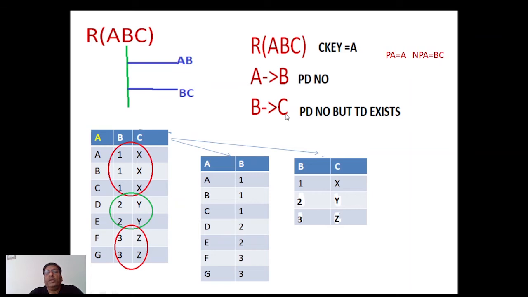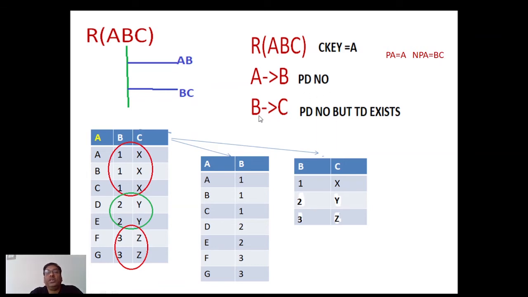Now C is dependent on B, where B is not a candidate key. That means B is not a prime attribute and C is not a prime attribute. So a non-prime attribute C is dependent on another non-prime attribute B. Here there is no partial dependency, but there exists a transitive dependency.